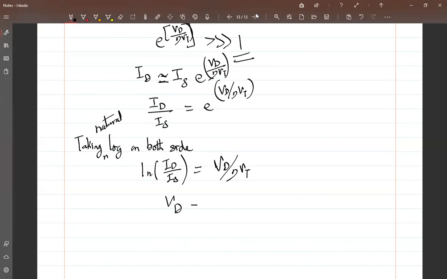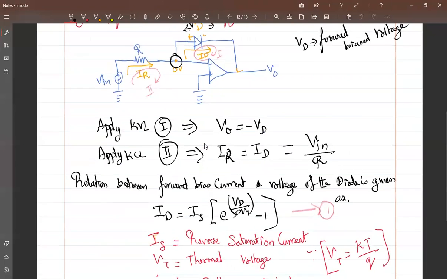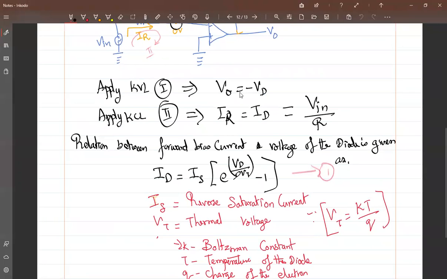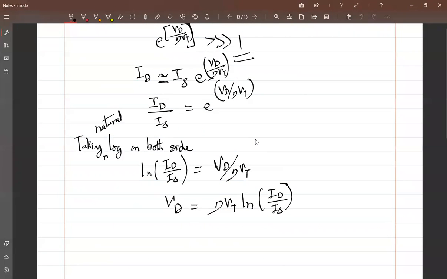Therefore, VD is equal to eta VT into ln of ID by IS. Now we already derived that V0 is equal to minus VD, and IR, that is ID, is equal to V in by R. Substituting these equations, VD can be represented as minus V0.